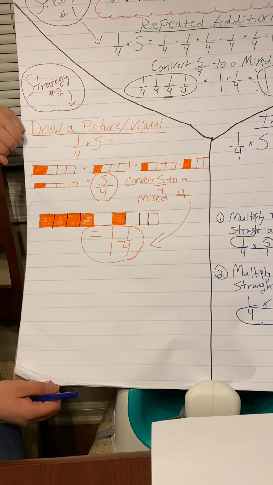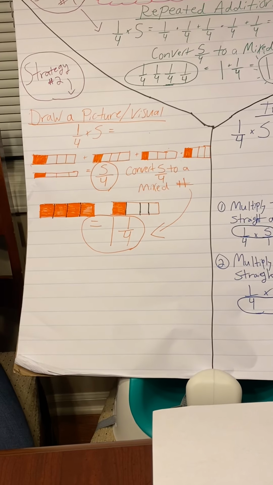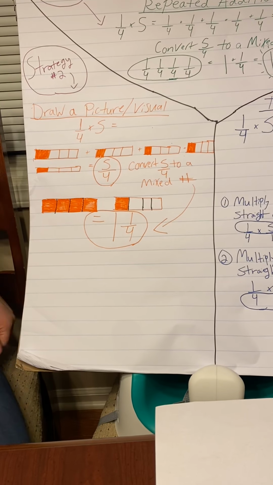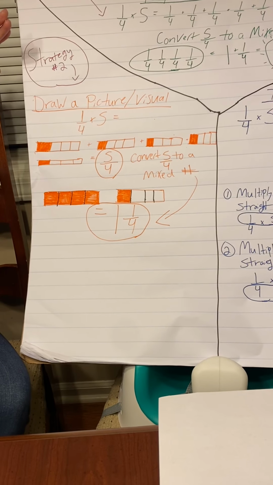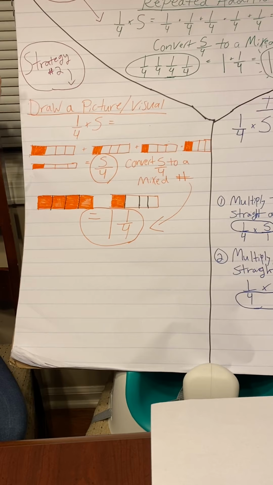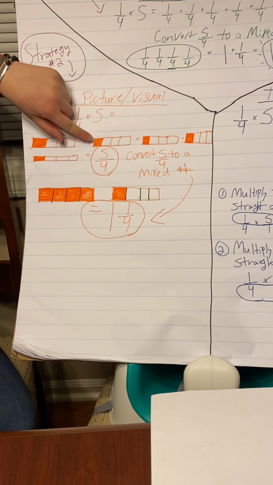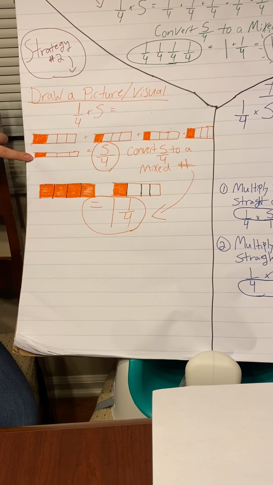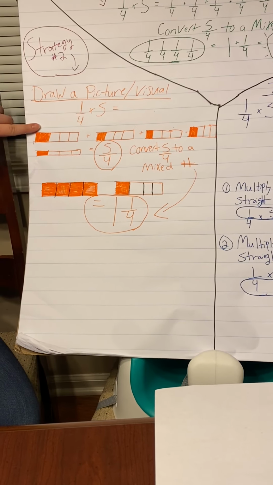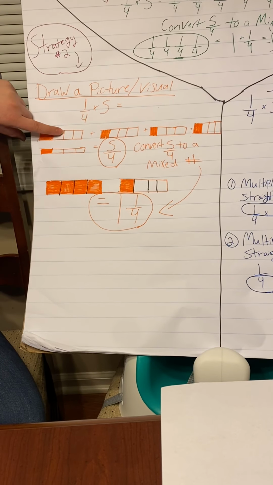We can look at it right here. But you're just adding. Here's 1, 2, 3, 4, 5. That's 5 of 1/4.